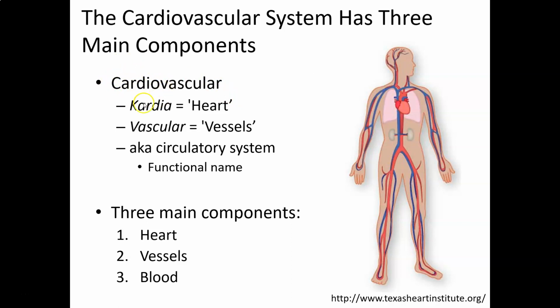So cardio refers to cardia, that's heart. Vascular refers to vessels, and what's in the heart and vessels is the blood. So the three major components of the cardiovascular system, two of which are in the name: heart, vessels, and the blood.